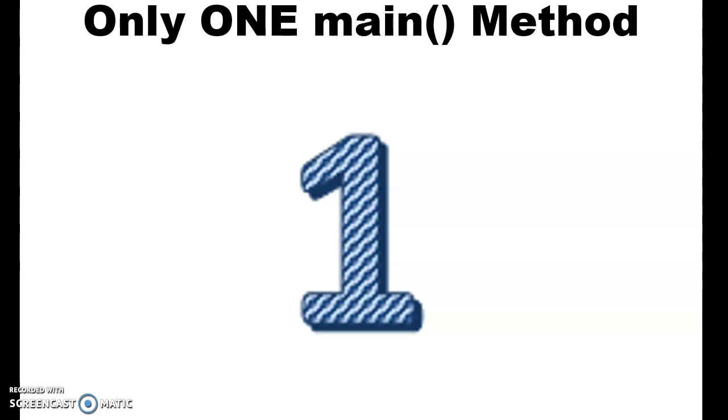I need to remind you, your program must only have one main method. We do not add a second main method, and we don't add a second main method and call it something other than main, but with the same exact header as the main, except for the name. We don't do that, okay?